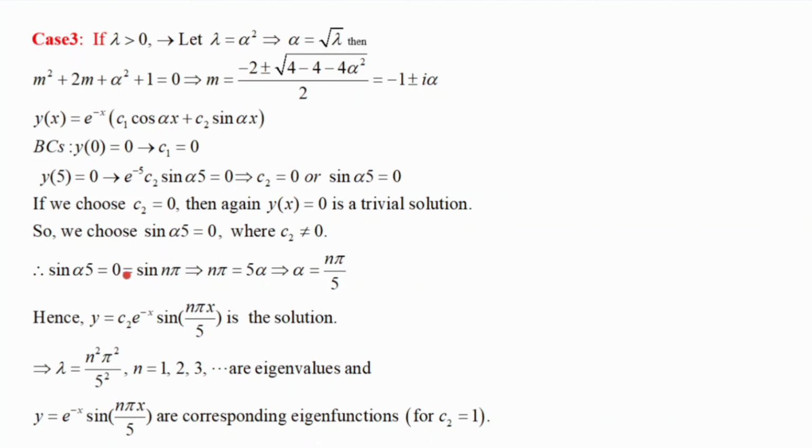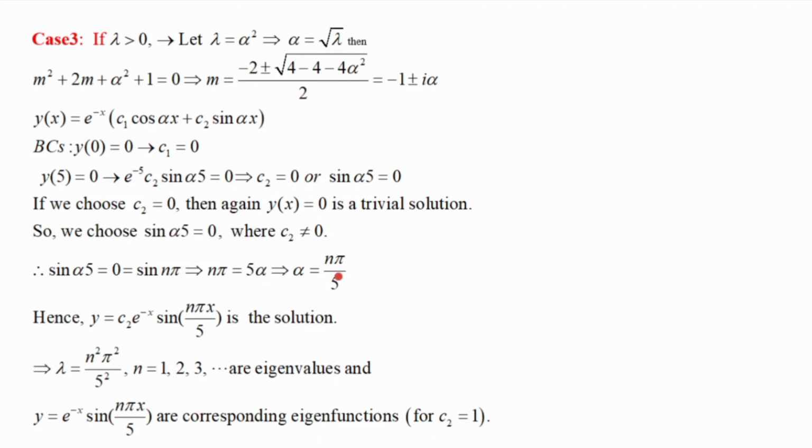We know that 0 means sin n pi. So here 5 alpha equals n pi, so alpha equals n pi by 5. That means we already get our eigenvalue. Lambda equals alpha square, that means n square pi square by 5 square.